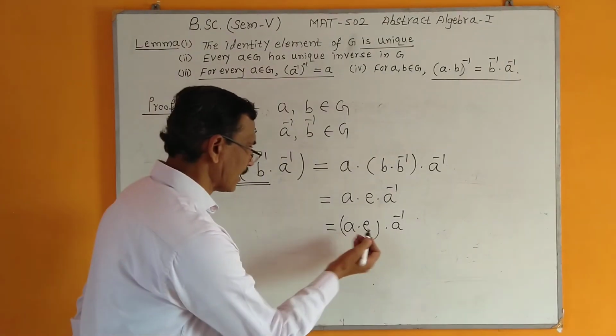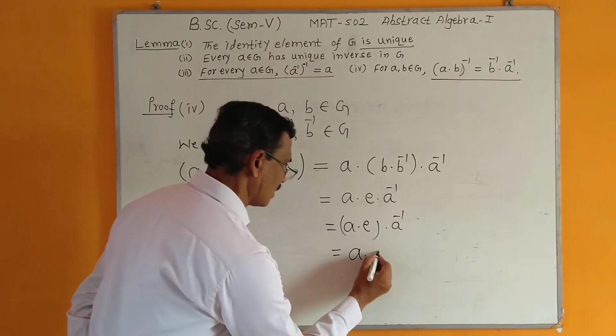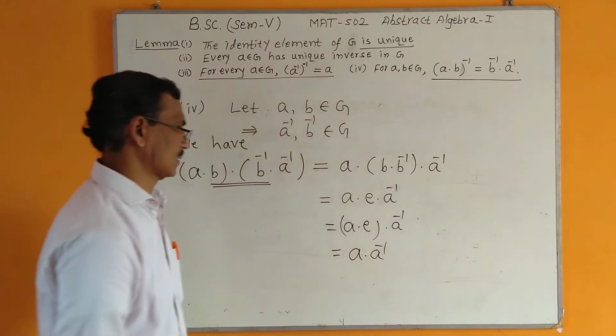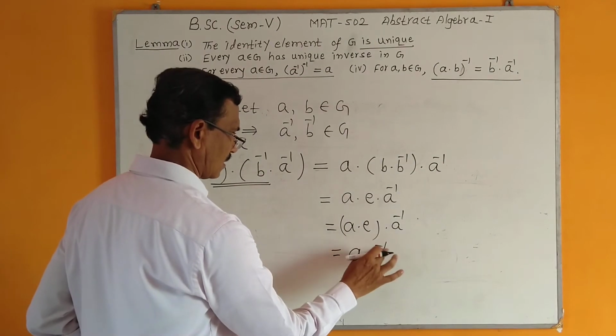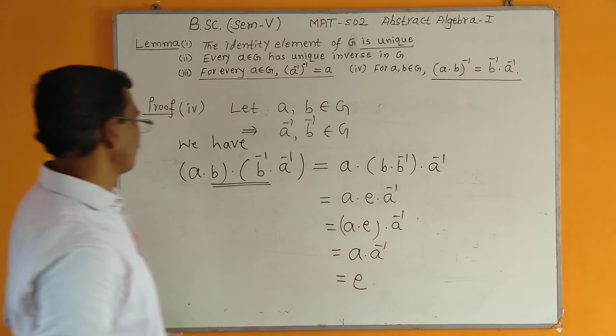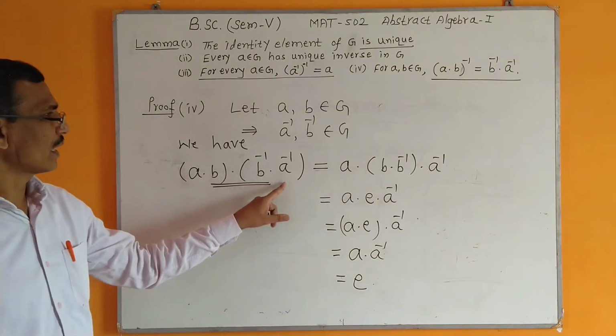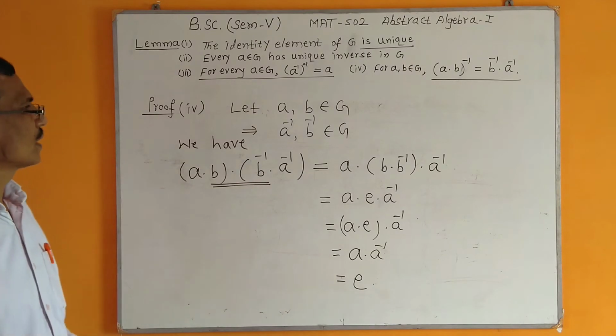Now A dot E is A, therefore its value is A dot A inverse, and its value is E. That means we get A dot B dot B inverse dot A inverse is equal to E.